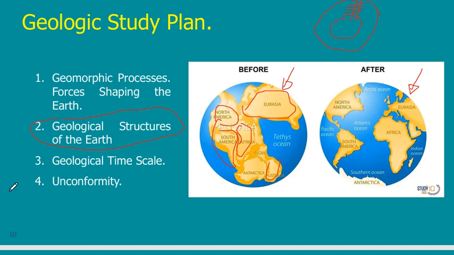Then we have the last thing called unconformity. This is the normal time scale. But suppose after I reach some geologic structures, I reach some layers, Earth was affected by some kind of erosion in some places.